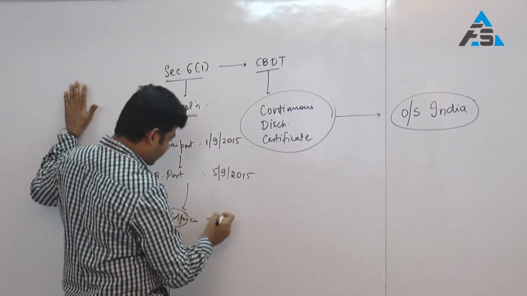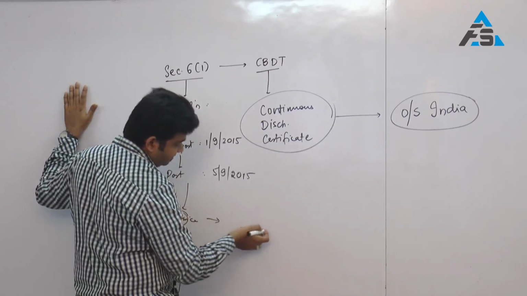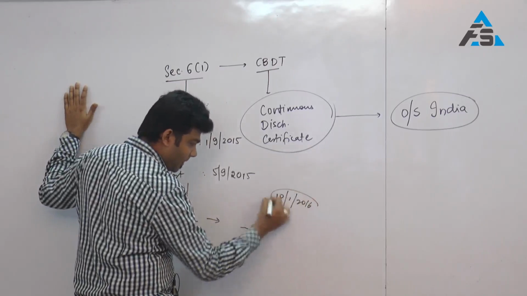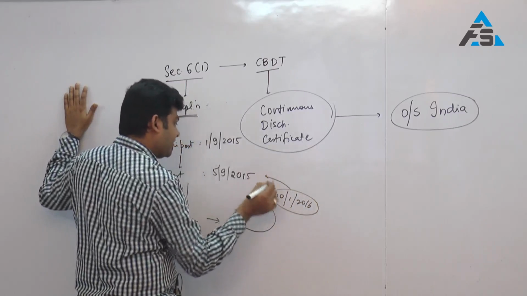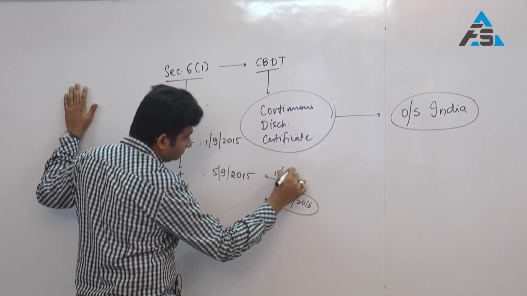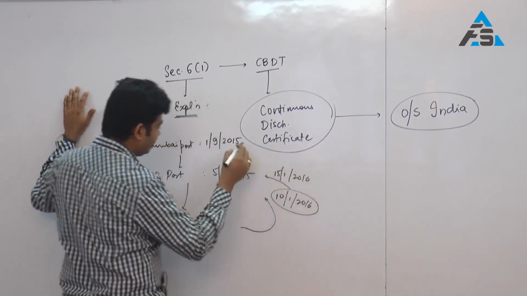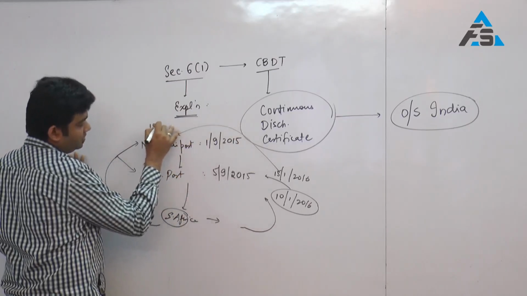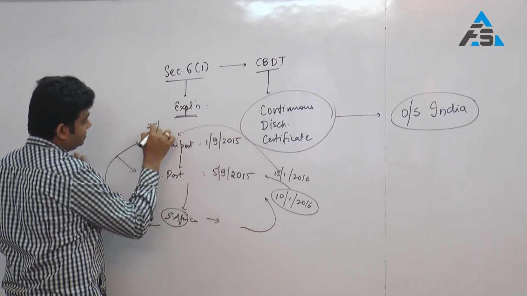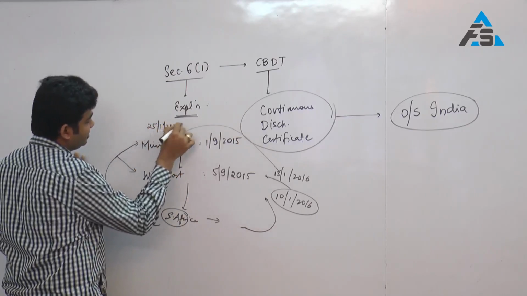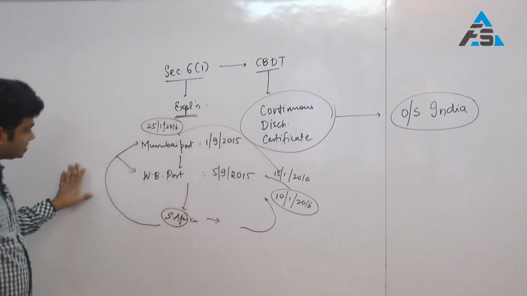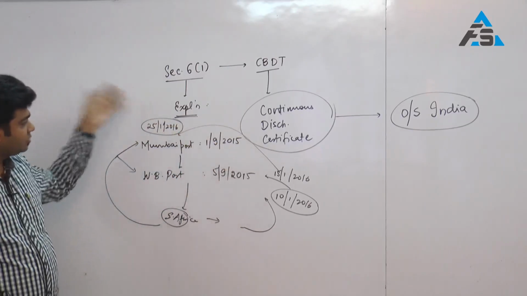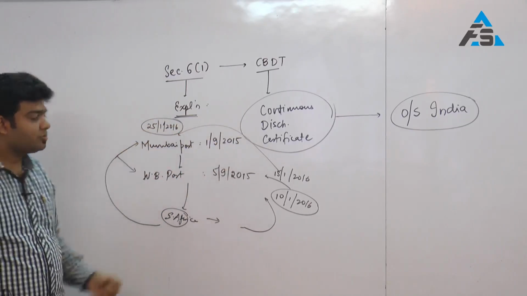So say for example it leaves again from South Africa on 10th Jan 2016, comes to West Bengal on 15th Jan 2016, just a hypothetical example, and comes back to the Mumbai port on 25th Jan 2016. So the continuous discharge certificate will be from 1st September 2015 to 25th Jan 2016.